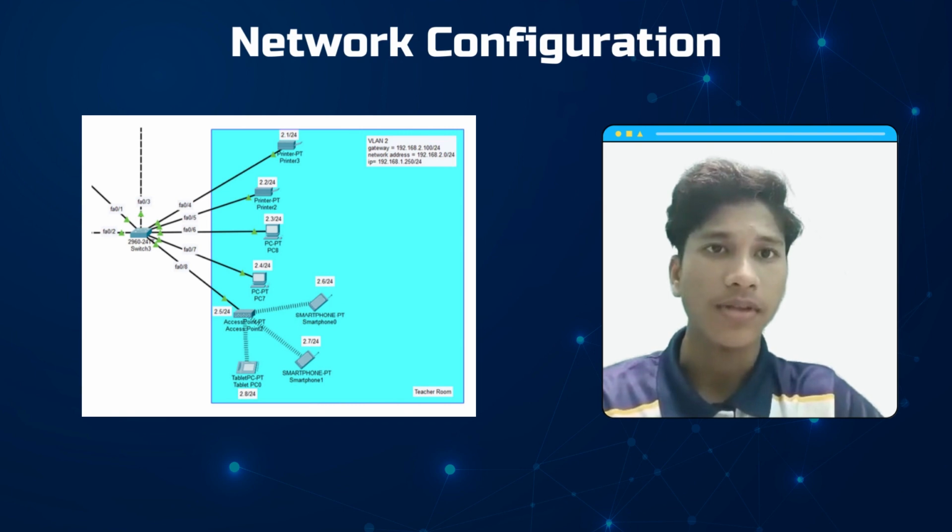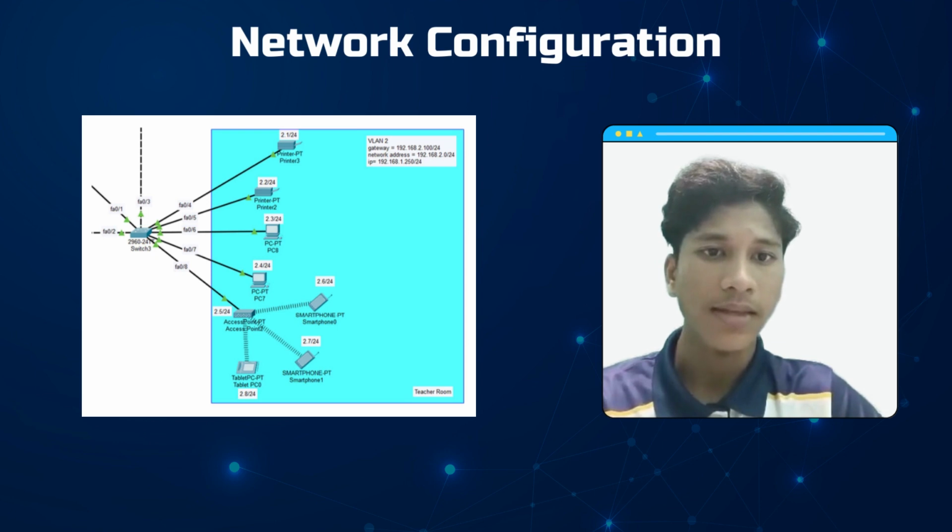Next is figure 4, the network configuration for the staff room, VLAN 2 at the company. The staff room is using VLAN 2, which consists of 2 printers, 2 PCs, and an access point, which connects 2 smartphones and a tablet. Each was named Printer 3, Printer 2, PC8, PC7, Access Point 2, Smartphone 0, Smartphone 1, and Tablet PC0, respectively.